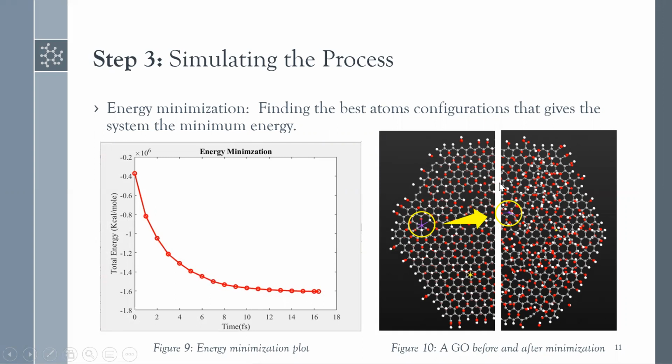In this picture, we can see the graphene oxide sheet before and after minimization. And here, if we focus on this purple atom, initially it had 6 bonds, but after minimization, it now is having only 2 bonds, which is theoretically true.